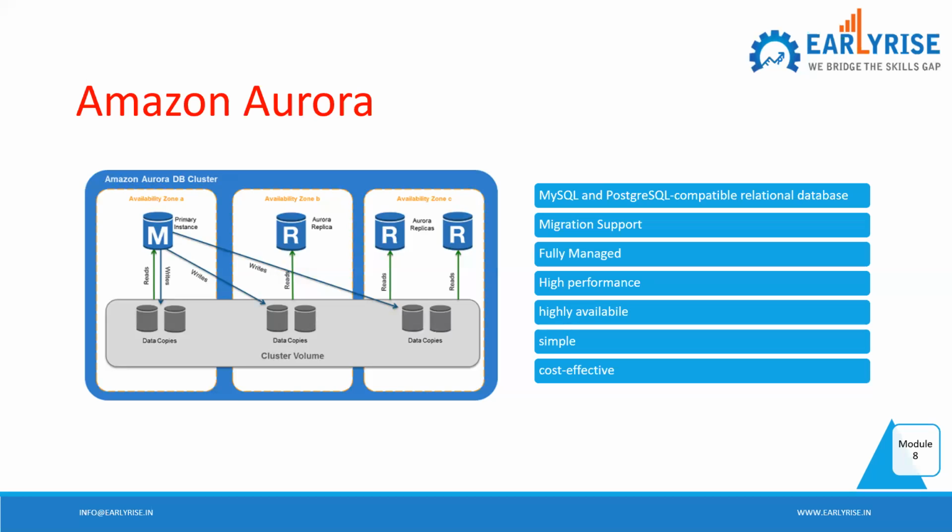You can consider this Aurora. If you have a MySQL server or Postgres, you can explore this. It's a good option actually. We have the Database Migration Service, DMS. You can utilize that, and we can migrate from the on-premises database.